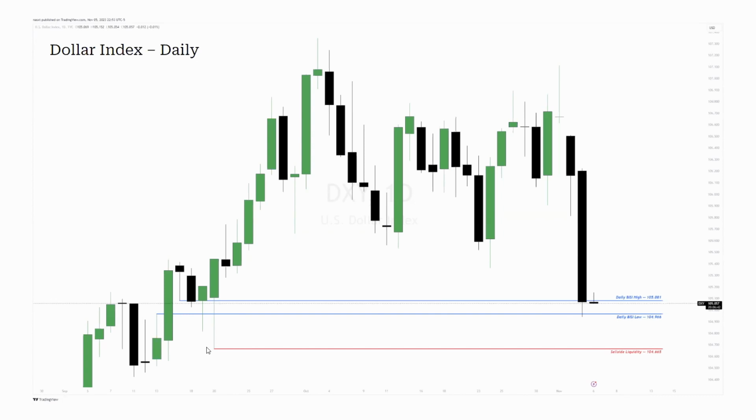A potential target we have for this week is the sell side liquidity here at 104.665. However, it's only a potential draw. It really depends on how the dollar reacts inside this range here, this PDA right here. I'll talk a little bit more about that on the lower time frame as we go on.